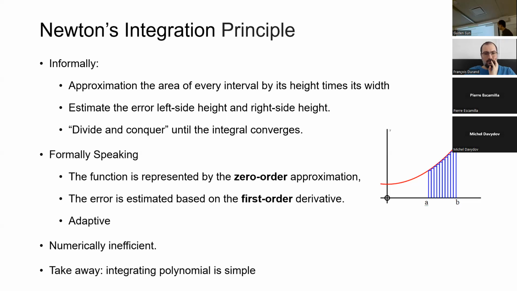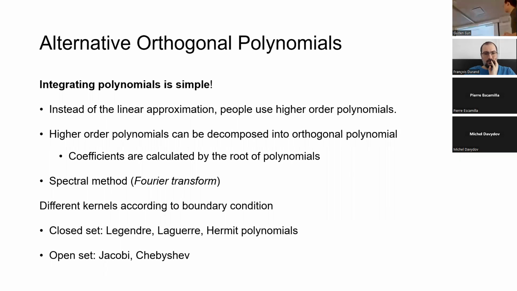Put more formally, integrating a polynomial is very simple. So what if we give up the idea to approximate the small intervals by linear kernels? We could use higher order polynomials.